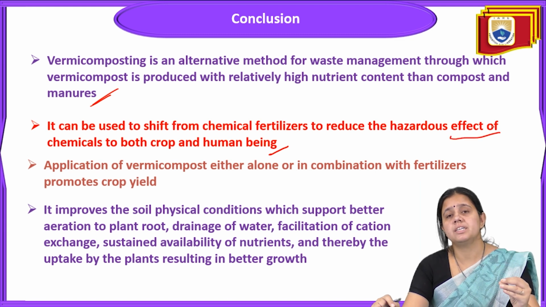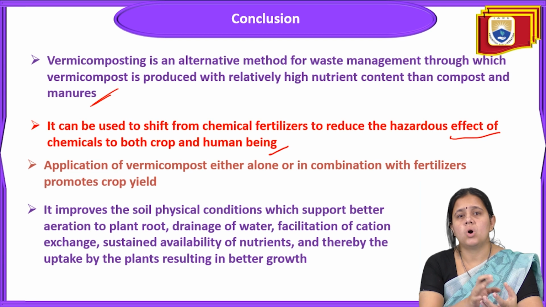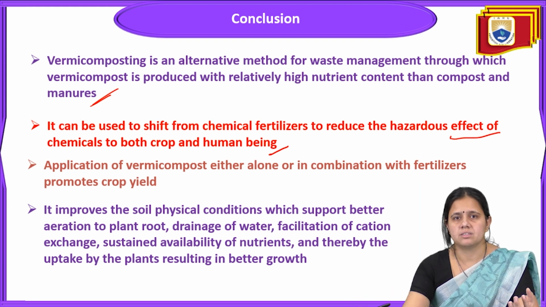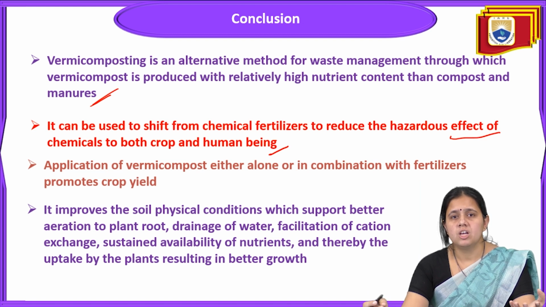Obviously it can be used as an alternate to chemical fertilizers, so that it reduces the hazardous effects of chemicals on crops and human beings, because nowadays we are using fertilizers with some chemicals, which are very dangerous. That's why if we use this type of manure, it will be very environment friendly too.